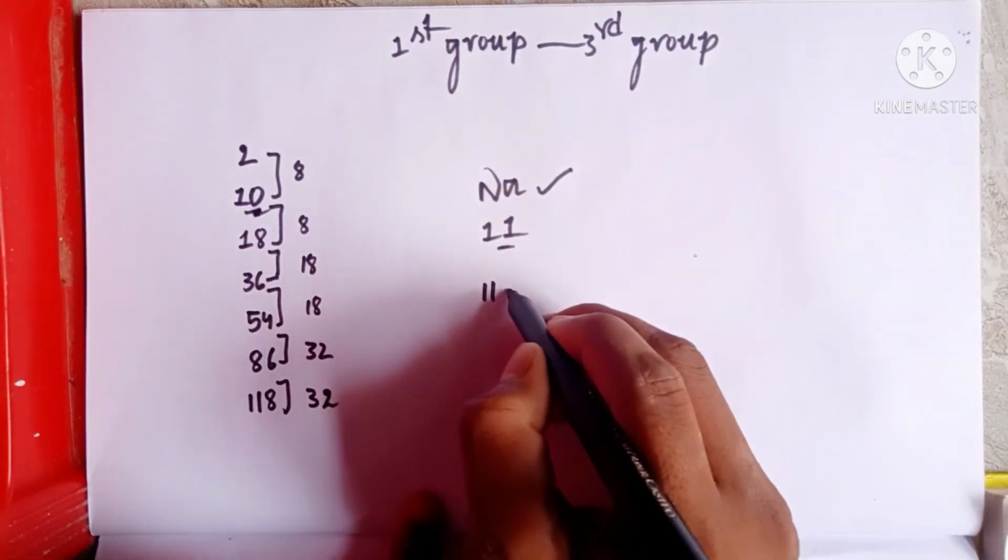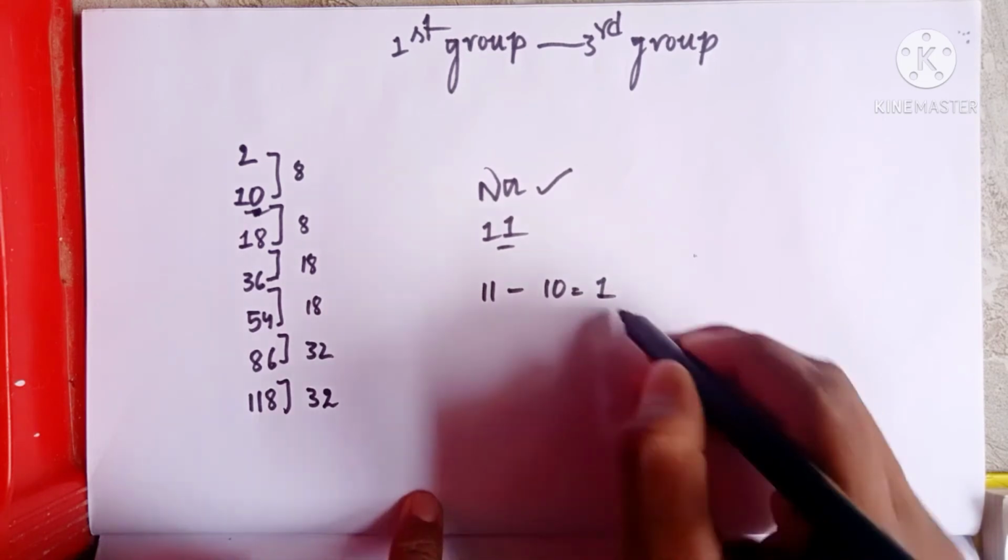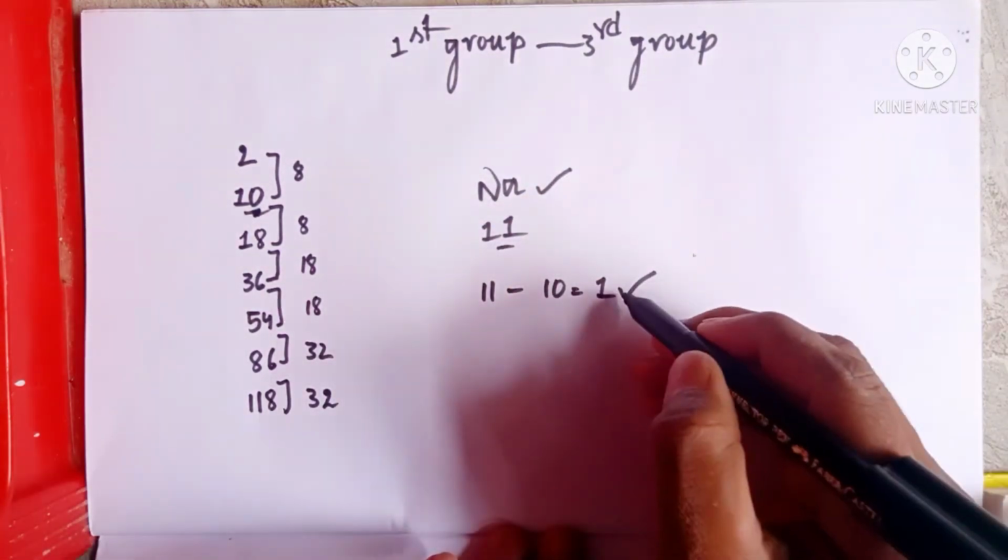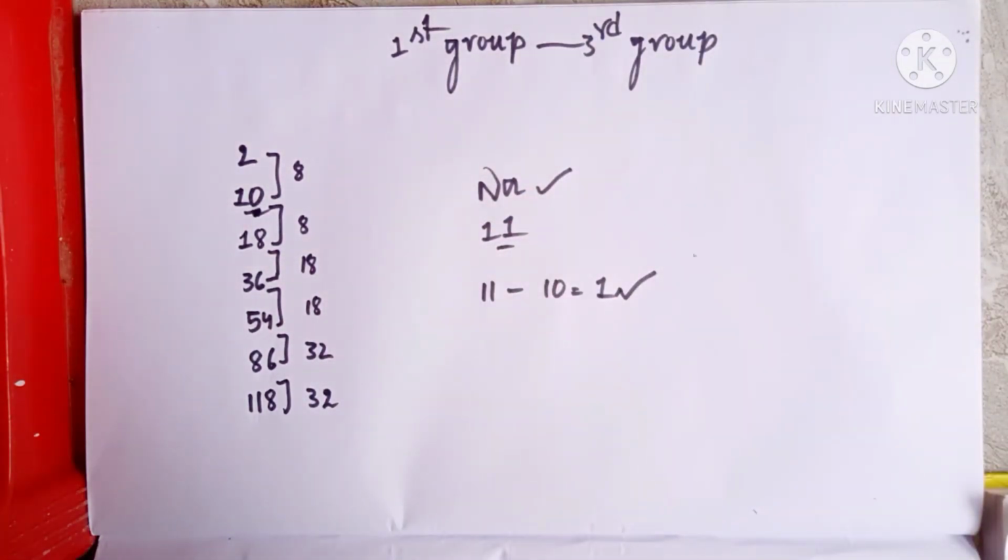So 11 minus 10 gives us 1. So here sodium belongs to the first group. Friends, also remember that the procedure to find the group number only varies between the two parts of the periodic table, whereas to find the period number, the same procedure which I have said before is applicable.